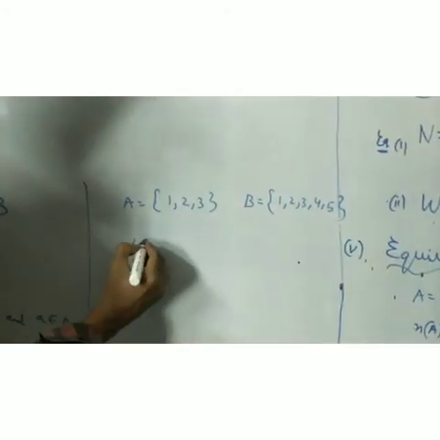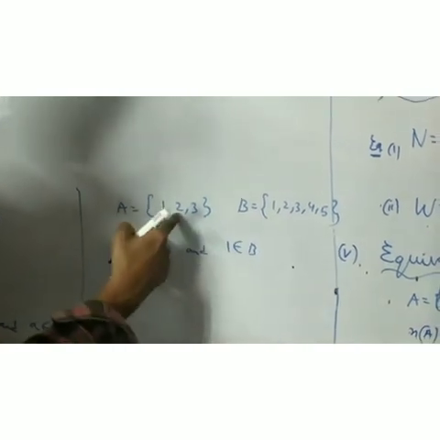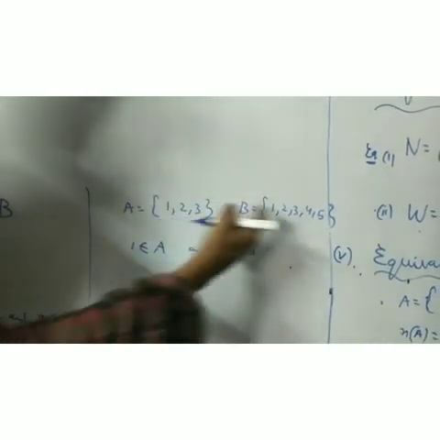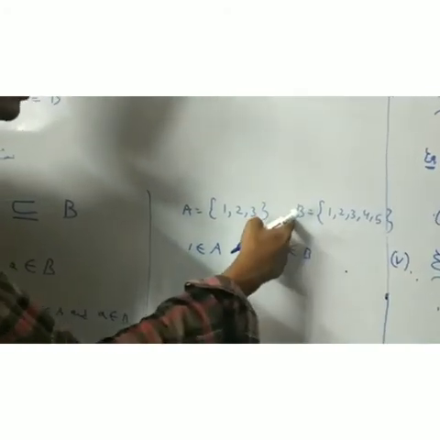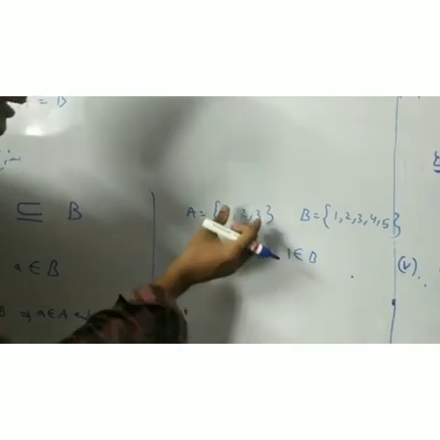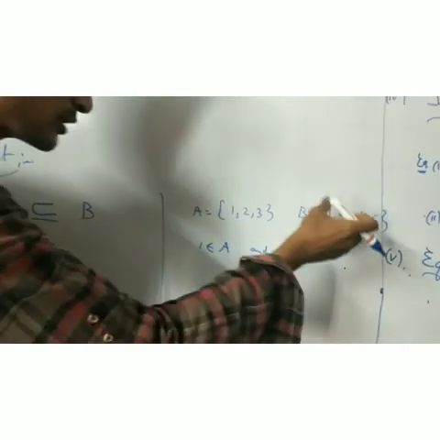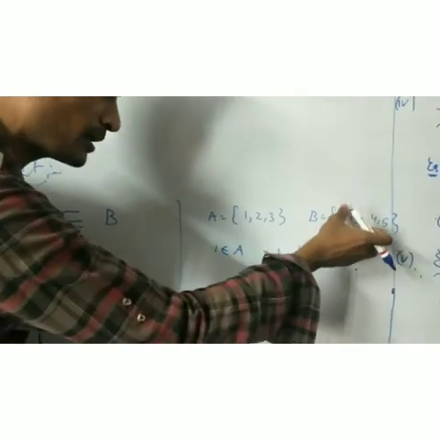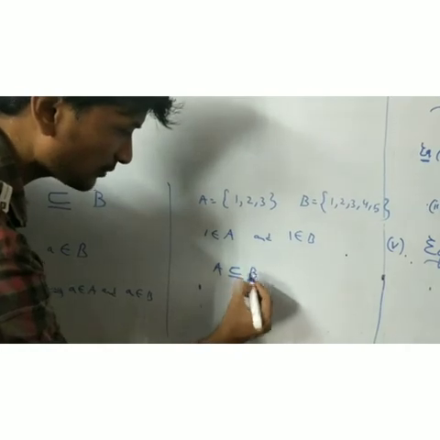Similarly, 2 belongs to A and 2 belongs to B also. And 3 belongs to A and 3 belongs to B also. So the set A containing the 3 elements, each belongs to A and belongs to B also. So that's why this can be written as A subset or equal to B.